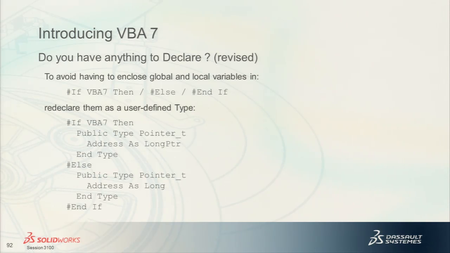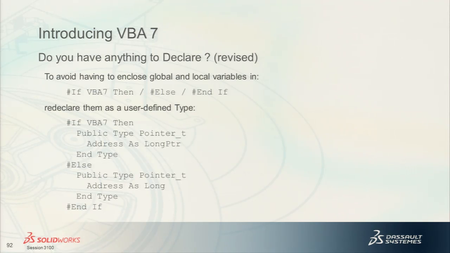What I've done for the examples, just as an example, to avoid this endless enclosing, is that when I have to use pointers, I can basically define my own type. And that type has only one member. And the type of the member is going to change. So if I'm on VBA 7, it's going to be a LongPtr. If I am still on 32-bit, VBA 6 remains a Long.